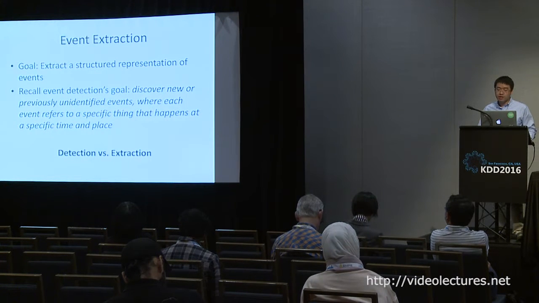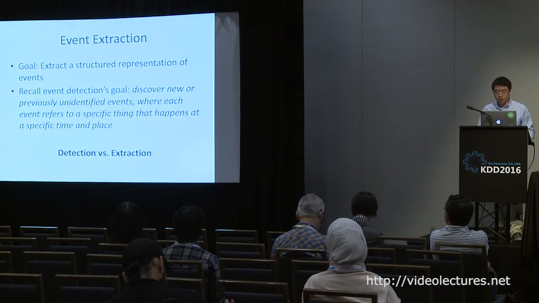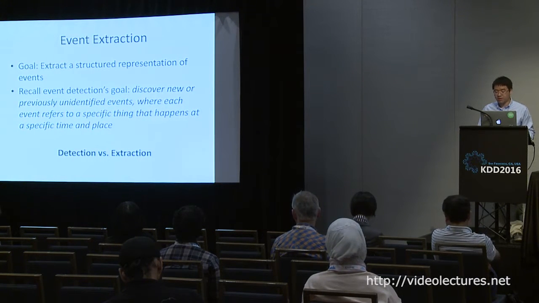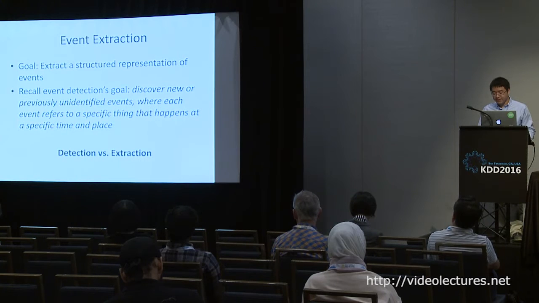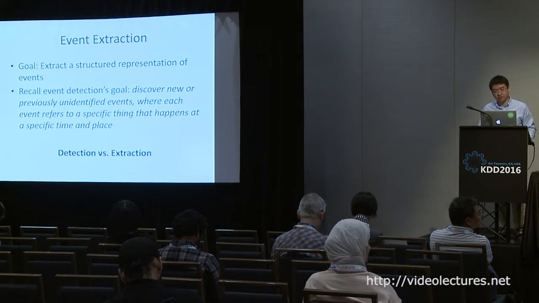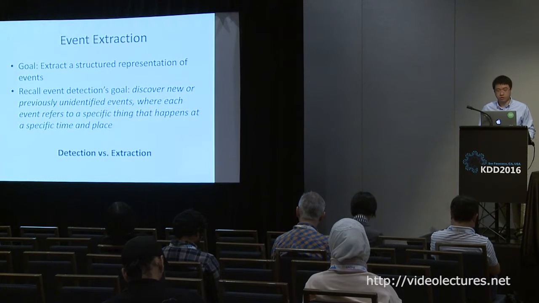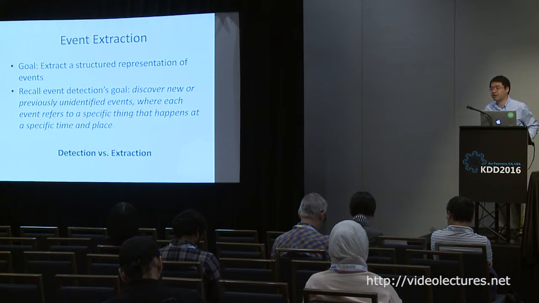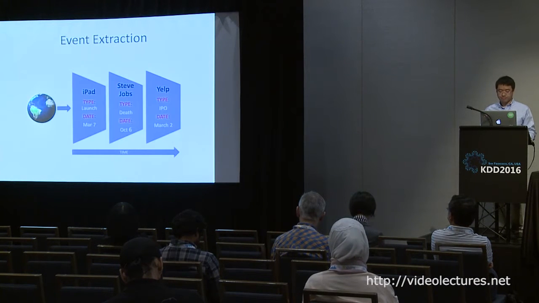Recall that event detection is trying to discover raw or previously unidentified events, where each event refers to a specific scene that happens at a time and a place. So event extraction is more about information extraction of events from social media posts rather than detecting a trending event from social media posts. Okay, so those are two different goals.